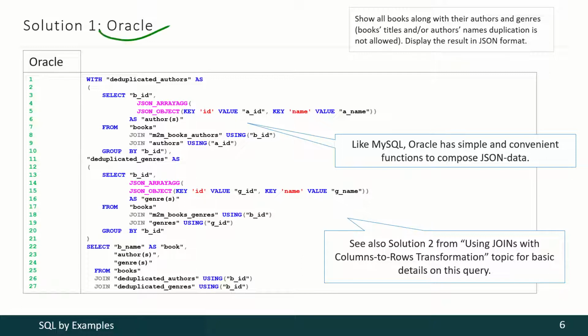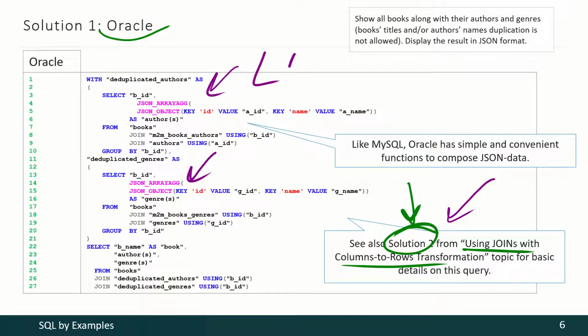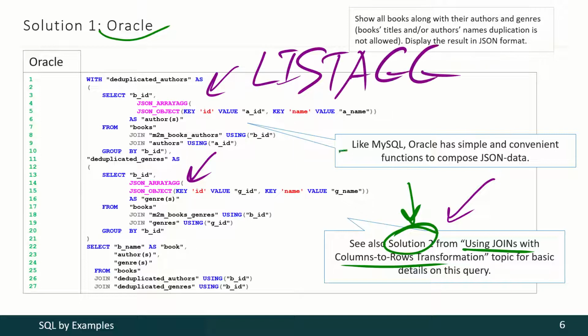In Oracle, we are also following ideas from that solution from that topic. Previously, in that solution, we were using in these places list agg function. And like with MySQL, with Oracle, we may use simple and convenient functions to compose JSON data. Here are those functions. The first one produces a JSON object from a text data.